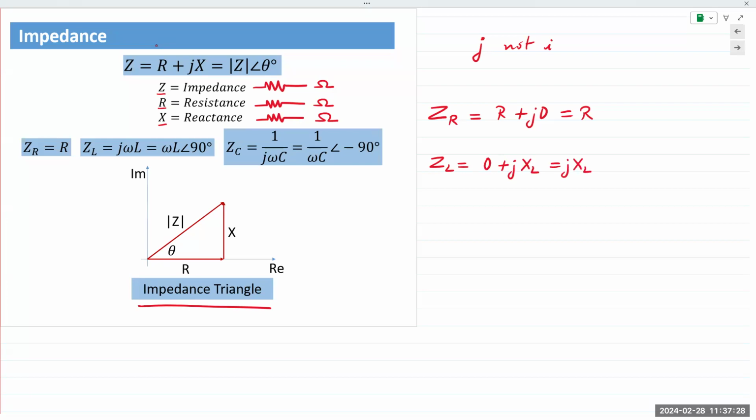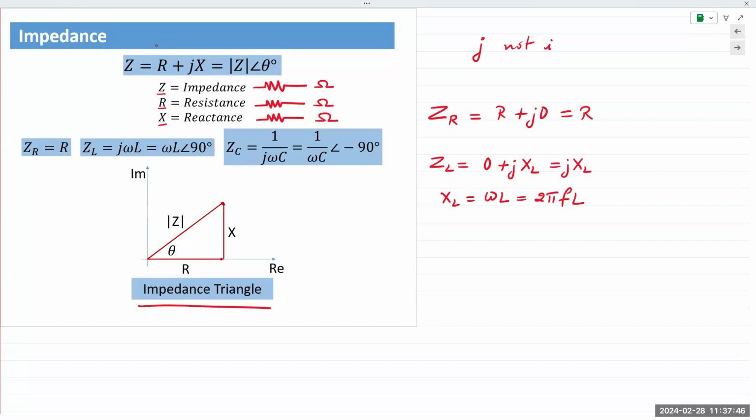And XL is given by omega times L, the product of omega times the inductor L. Omega is 2 pi F.